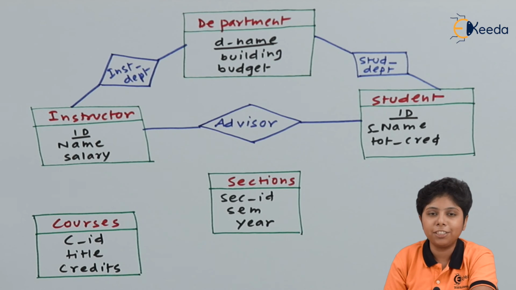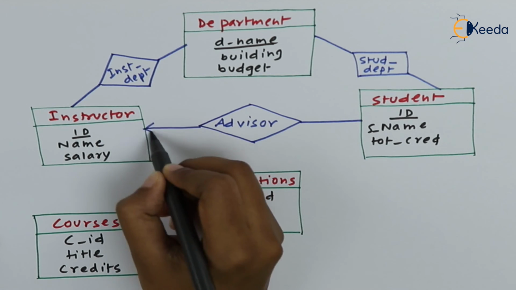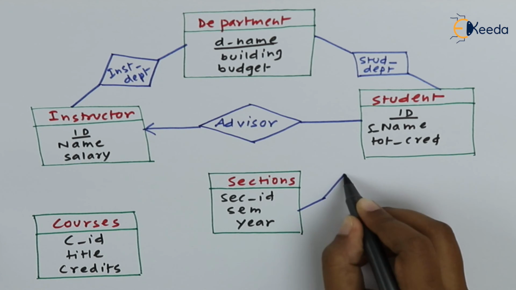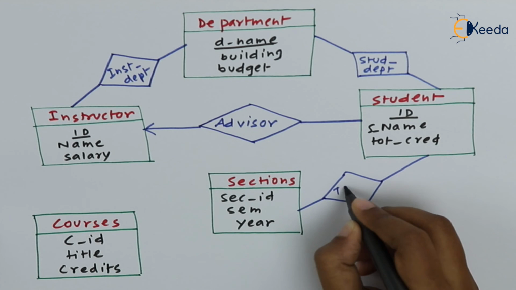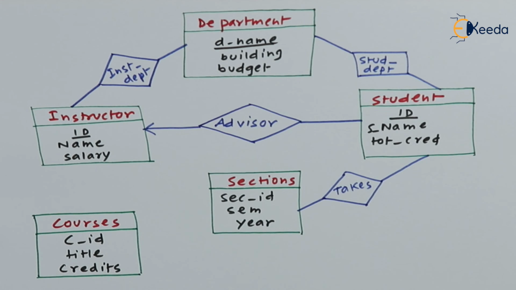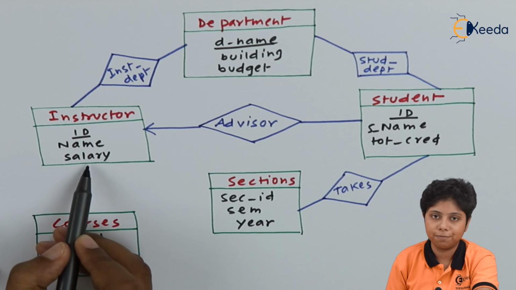Next, a section has taken the student. So the takes relationship lies between a section and a student. Now the section and the instructor have the teaches relationship because the instructor teaches in a section.